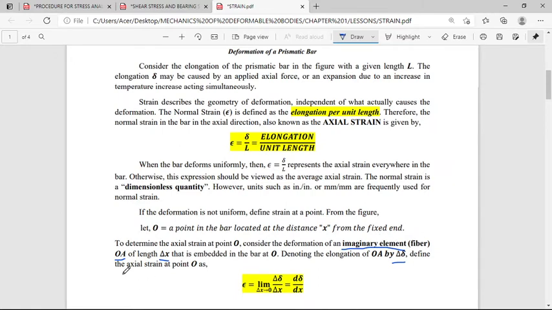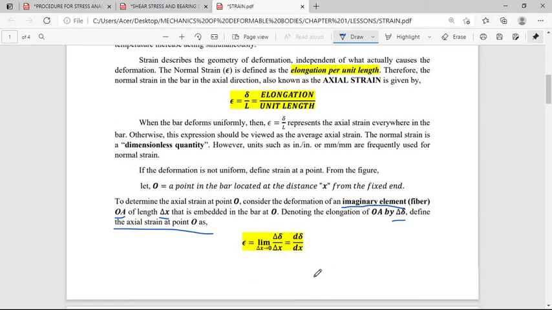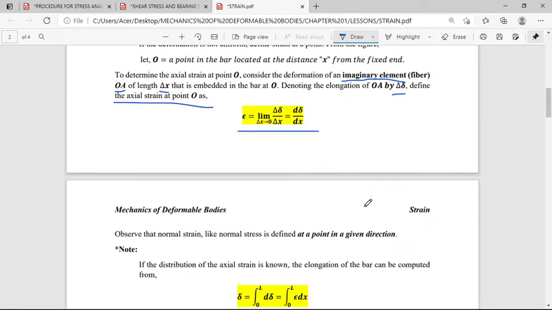define the axial strain at point O as, so magde-derive tayo ng formula, delta gamma over delta x, or the limit of delta gamma over delta x as delta x approaches 0, which is equal to d gamma over dx. Para tayong nag-derivative. So, tandaan nyo yung formula na yan kapag non-uniform yung deformation dun sa isang material.